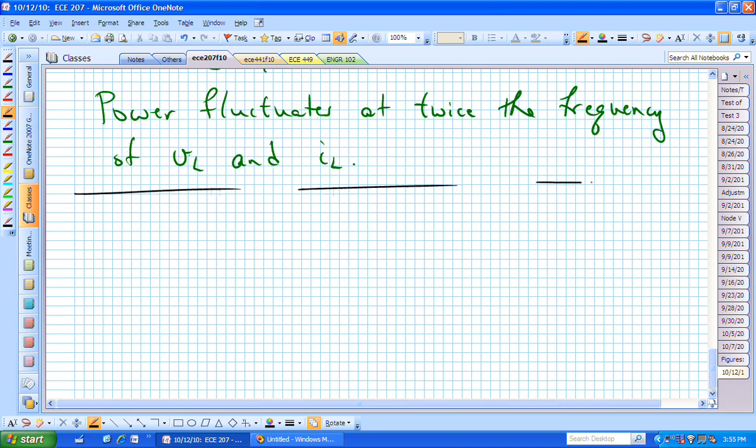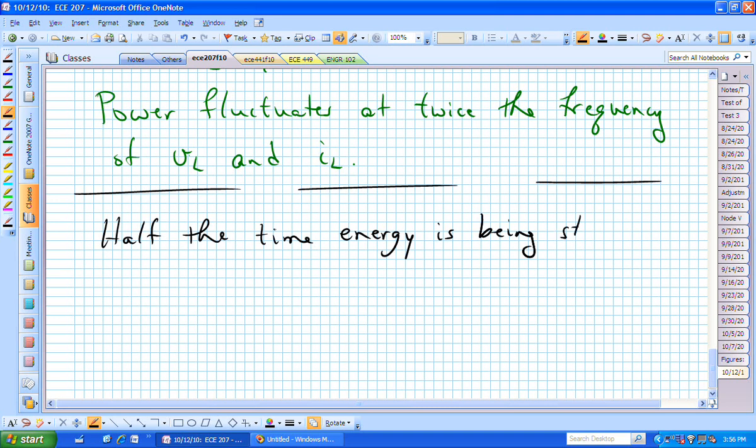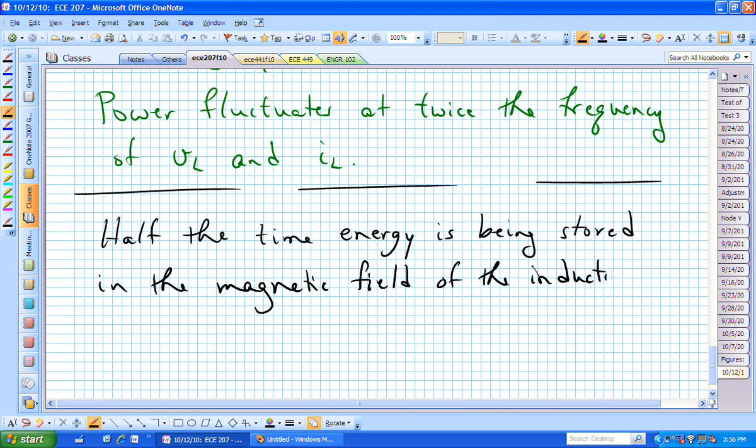Let me just write down a couple of sentences to try to help us understand what is going on. With respect to that P sub L of t, that instantaneous power, we can see that half the time energy is being absorbed, well, maybe I should say is being stored in the magnetic field of the inductor.